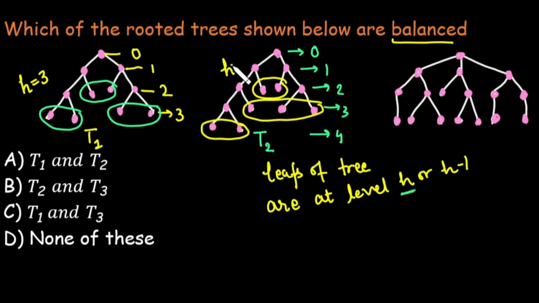Here height is 4, so leaf must be present at level 3 or 4. But if we are getting any leaf present at level 1 or 2, it means that tree is not balanced. What about the third case, T3? So leaves are at the bottom. Here we have another leaf that is one previous to this height, so it is also balanced. So it means T1 and T3 are the balanced trees.